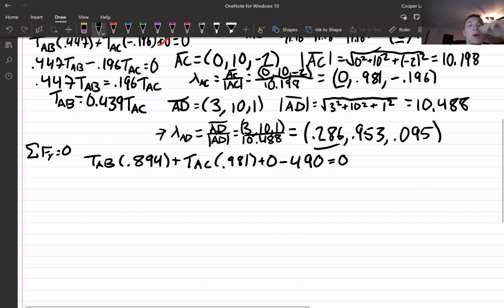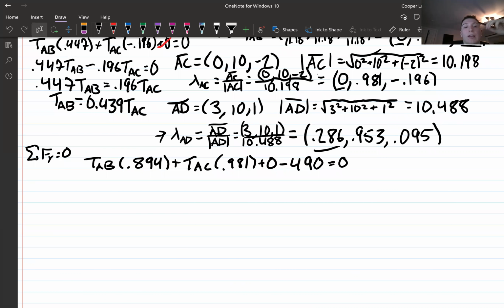So now I'm first going to substitute my TAB value out because I have TAB equals that conveniently. I can also get rid of my 0 because it's 0. I'll also move my 490 over to the other side, so that I'll have just TAC on my left side of the equation and 490 on my other.